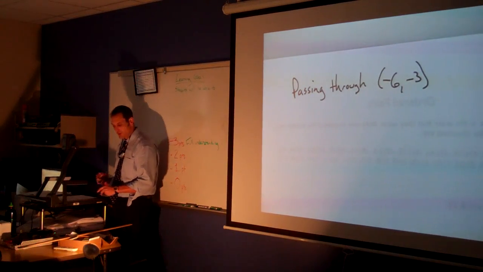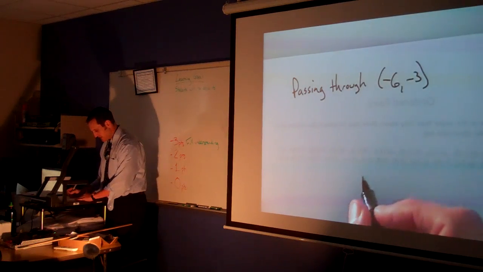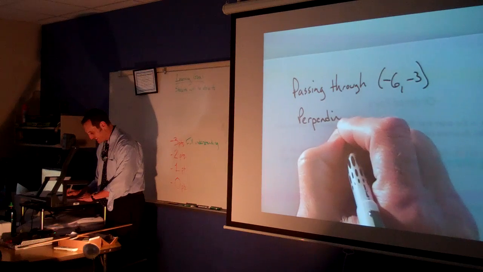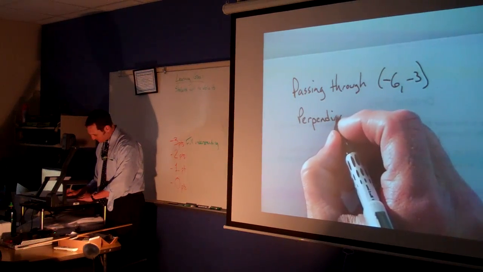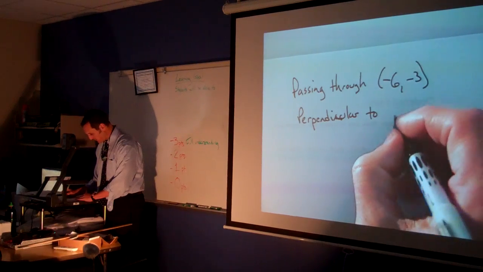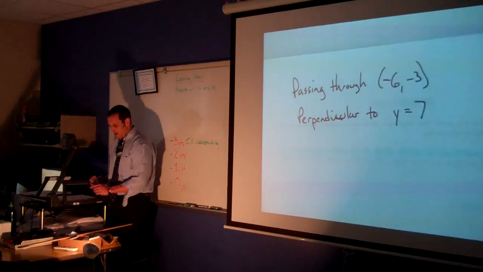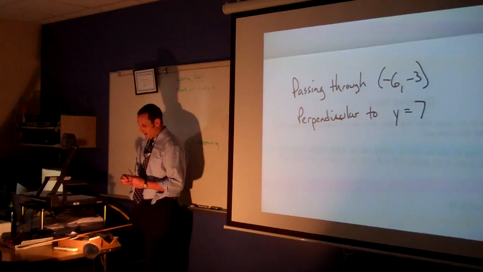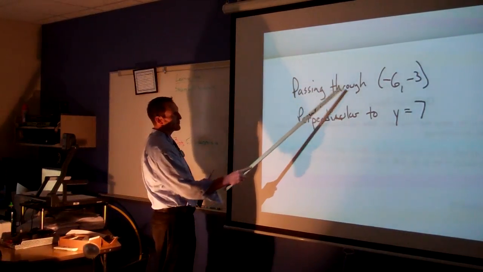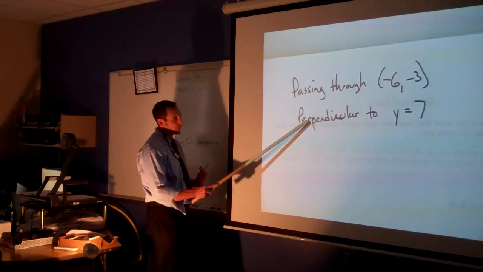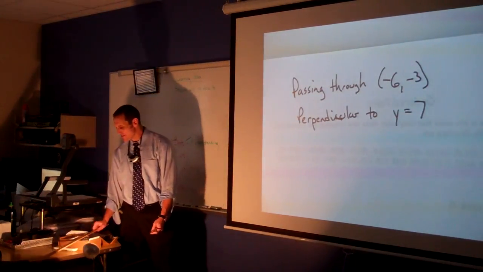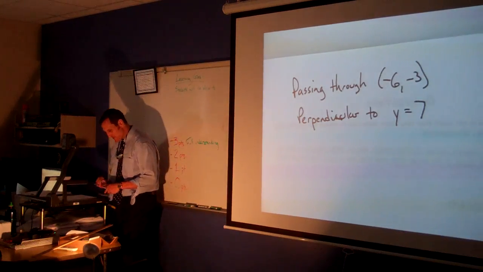It's passing through an ordered pair, -6, -3, and it is perpendicular to this equation. There is a lot of thinking that has to take place here. It's passing through this ordered pair. It's perpendicular to this equation. We have to think. So now we're thinking.